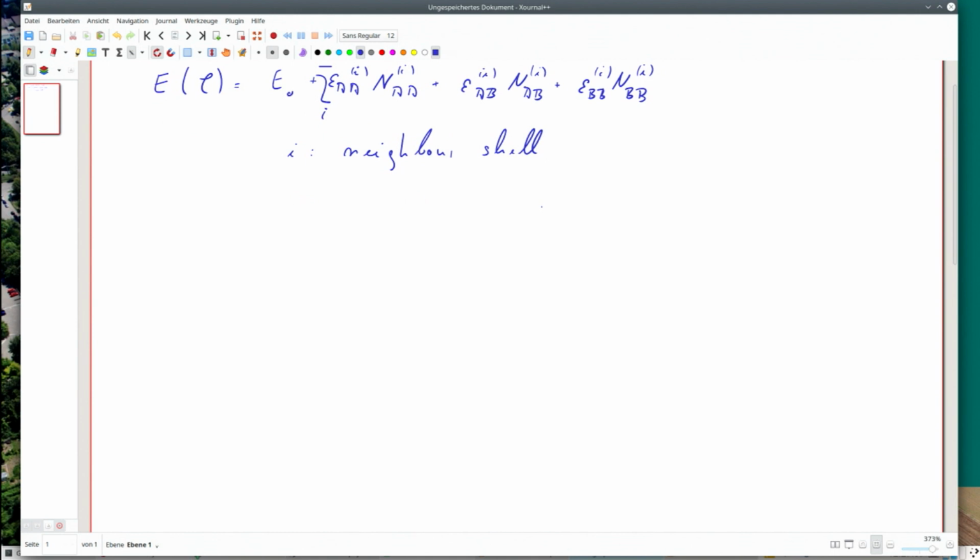A more systematic way to do it is a so-called cluster expansion, CE. I do a similar approach as here, so I write it a bit differently, but basically it's the same. So you have a constant term plus, I would say, an irrelevant term here.